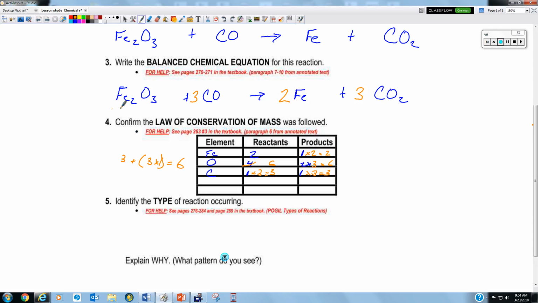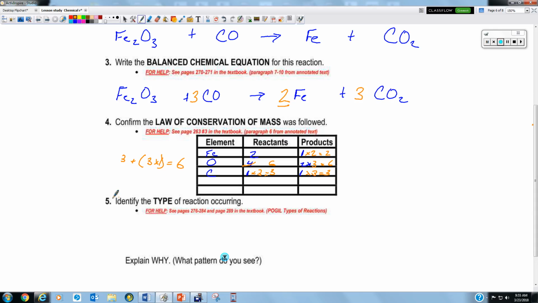We have 2 irons on this side, and we only have 1 iron on this side. So in order to do that, I put my coefficient of 2. That fixed my iron, but then I get down here to oxygen where I had 4 on my reactant side, and I only had 2 on my product side.